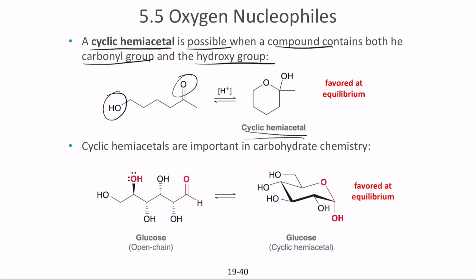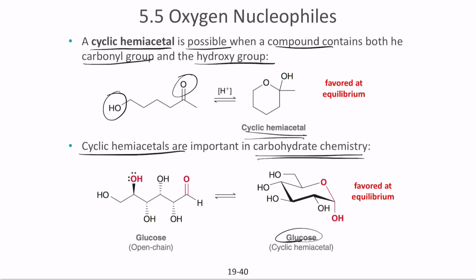A good example of a cyclic hemiacetal is glucose, because these are important in carbohydrate chemistry. We'll discuss the glucose structure much more in carbohydrates. For now, just remember that glucose in its cyclic form is a cyclic hemiacetal.